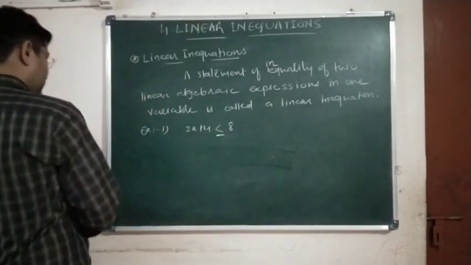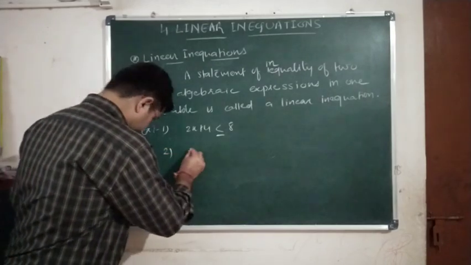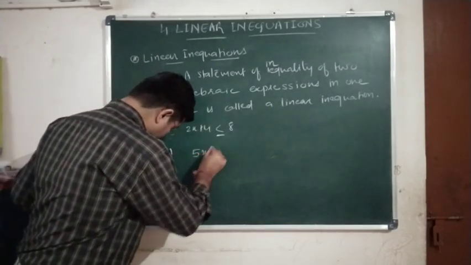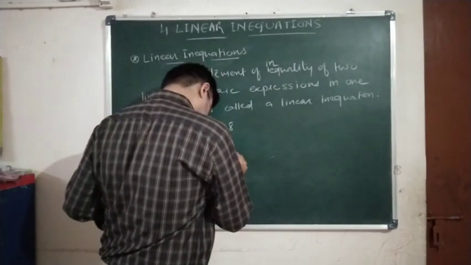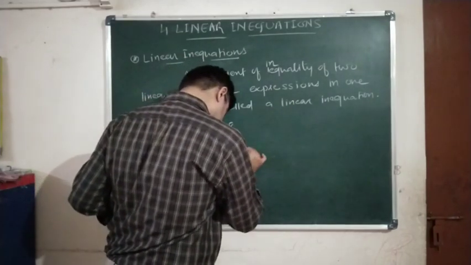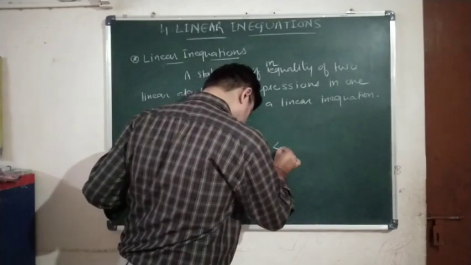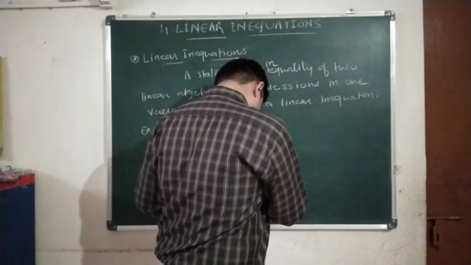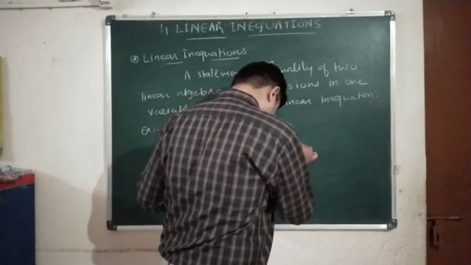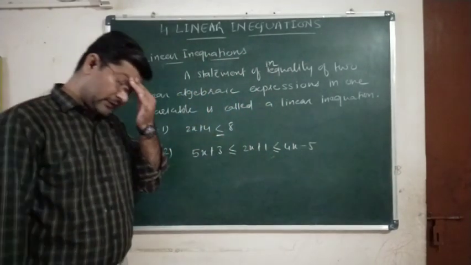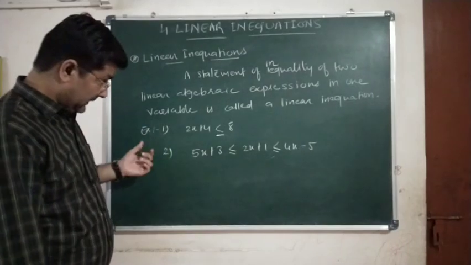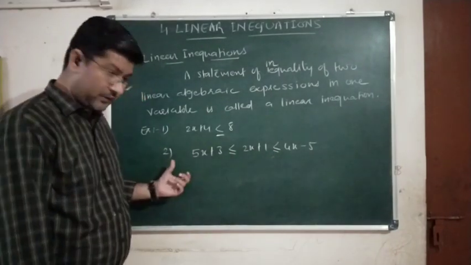Similarly, other examples we can see. 5x plus 3 less than or equal to 2x plus 1 less than or equal to 4x minus 5. This is again an example of linear inequations only.